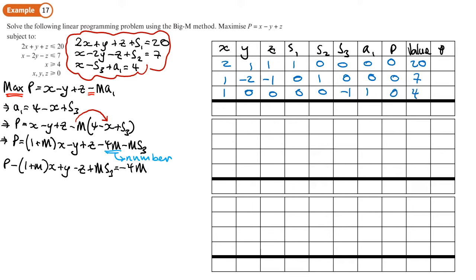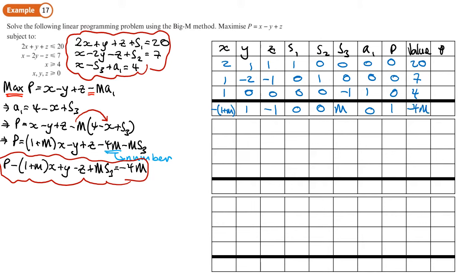Then we'll look at our objective function here. So we have p, and then the coefficient of x is minus 1 plus m, plus y minus z. The coefficient of s3 is m, no a, and its value is negative 4m.